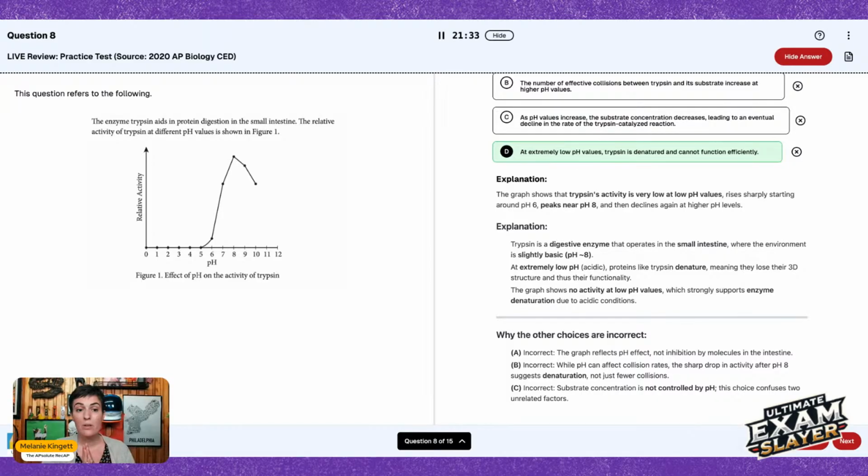That can happen sometimes in a reversible way and sometimes in a non-reversible way. We are not breaking peptide bonds, so the primary structure of my protein is going to remain intact. I am, however, losing my conformational shape. If my enzyme does not have the right shape, it will not have an effective function. And so that's why we end up with this peak in our graph for this type of question.